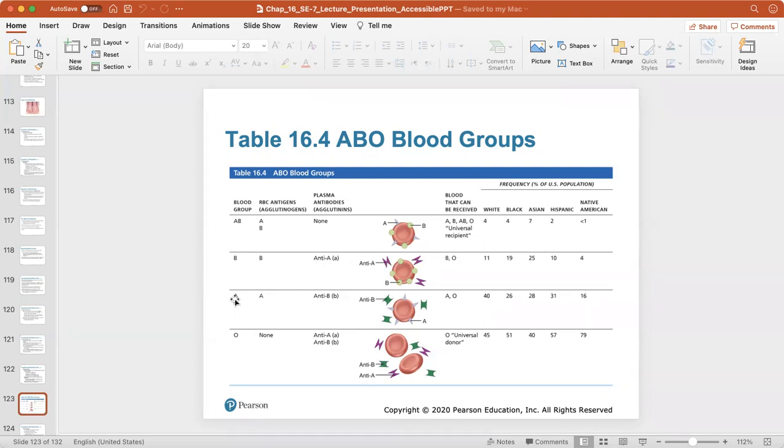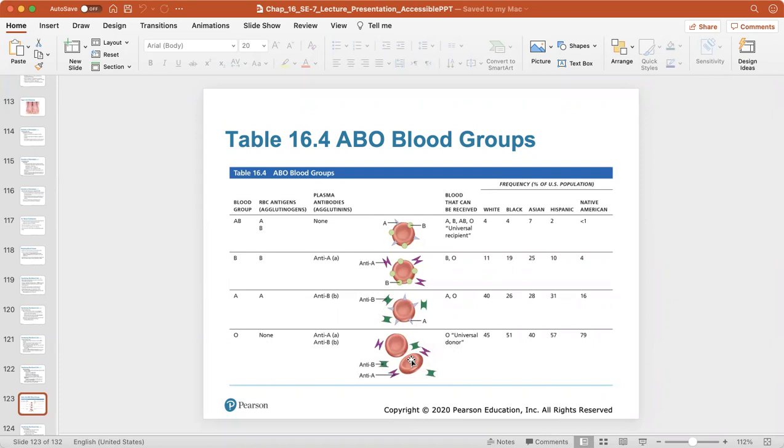Blood group A has the A antigen and has anti-B antibodies circulating. If you're type O blood, you don't have either antigen on the surface of your red blood cell, but you do have both types of antibodies circulating in the plasma. So type O blood is often known as the universal donor because it doesn't have any antigens on the surface of its red blood cells.